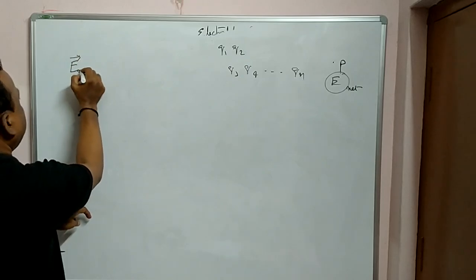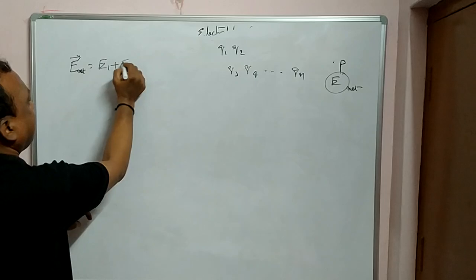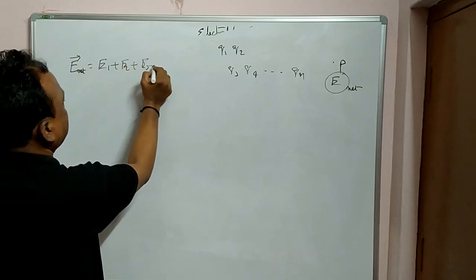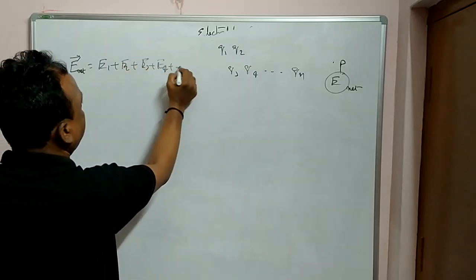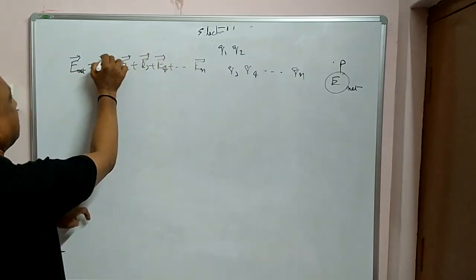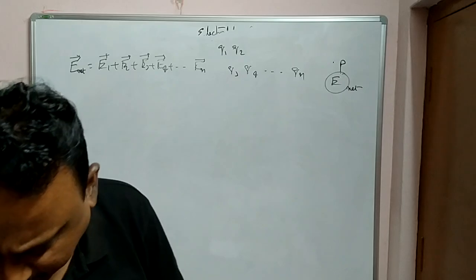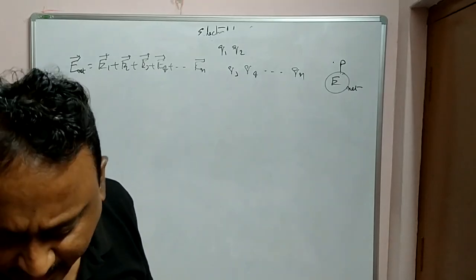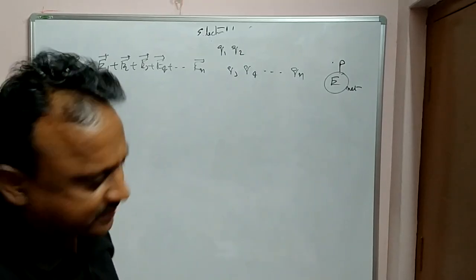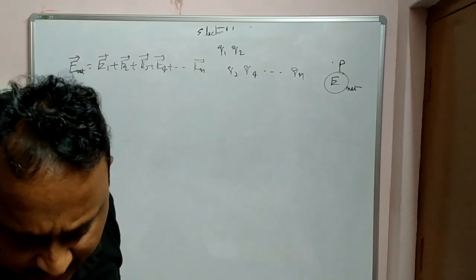Because E net, E1, E2, E3, E4 are all vectors. Okay? So it is the vectorial sum, E1 plus E2 plus E3, as system of charges are there. So how do we get E net, the net electric field? E1 vector plus E2 vector plus E3 and so on up to En.